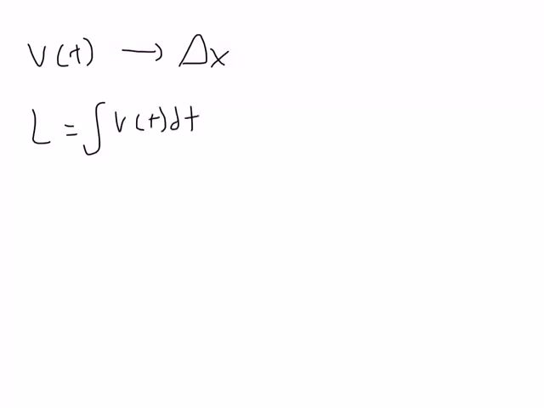All right? And finally, part E. How far do you travel? Well, we have v of t, and we want delta x in some sense. So that's an integral. So L, which is what we're calling delta x, is the integral of v of t dt.